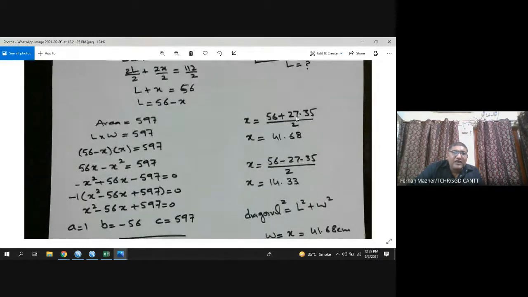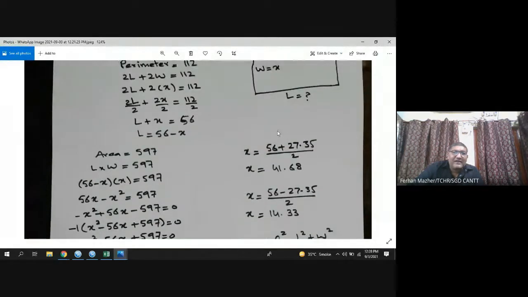One is 56 plus 27.35 divided by 2, so you will get 41.68. One precaution you should take is that when you enter these values in your calculator, you will write 56 plus 27.35 equals, divided by 2 equals, that will give you 41.68.